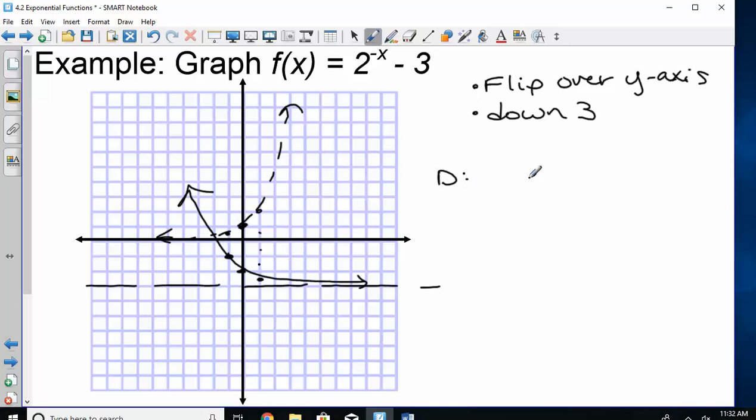So domain, going from left to right. And range going from the bottom up.